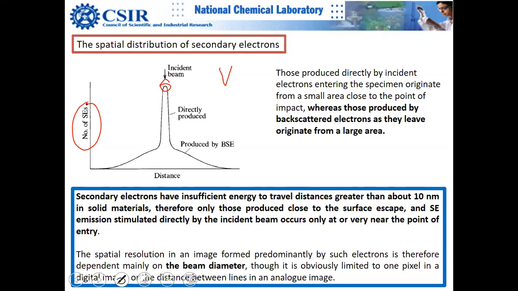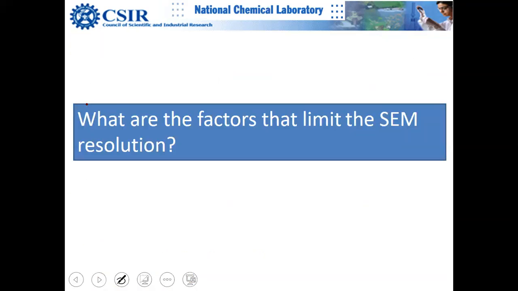Secondary electron resolution is better because they have lower energy than the backscatter electrons. The larger the energy, the more electrons will penetrate laterally also, and they will worsen the resolution. It's a thumb rule, very simple logic.